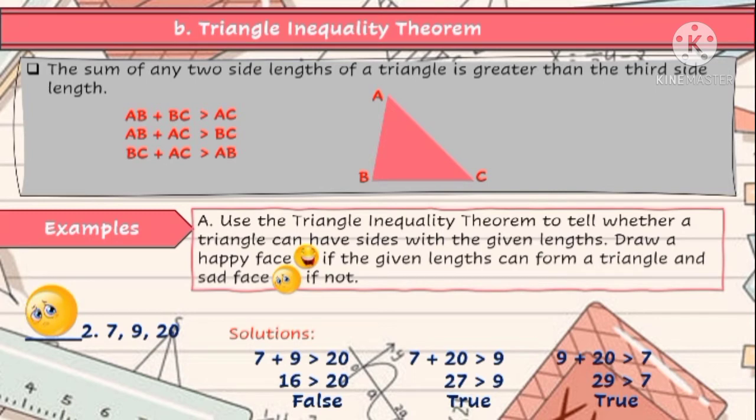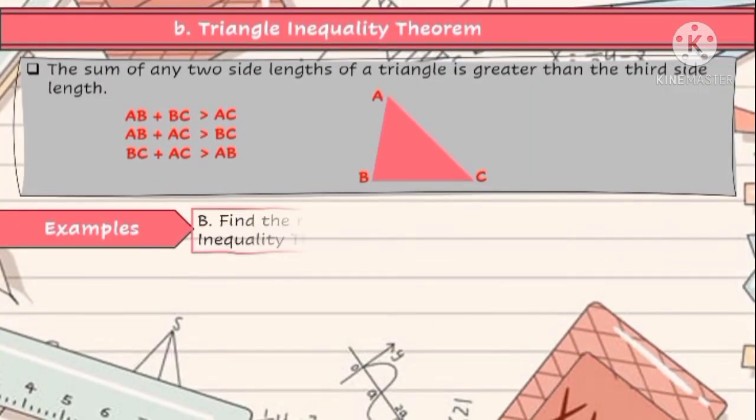So, since one of our three solutions is false, therefore, 7, 9, 20 cannot be the sides of a triangle. These lengths cannot form a triangle. So, let's draw a sad face.